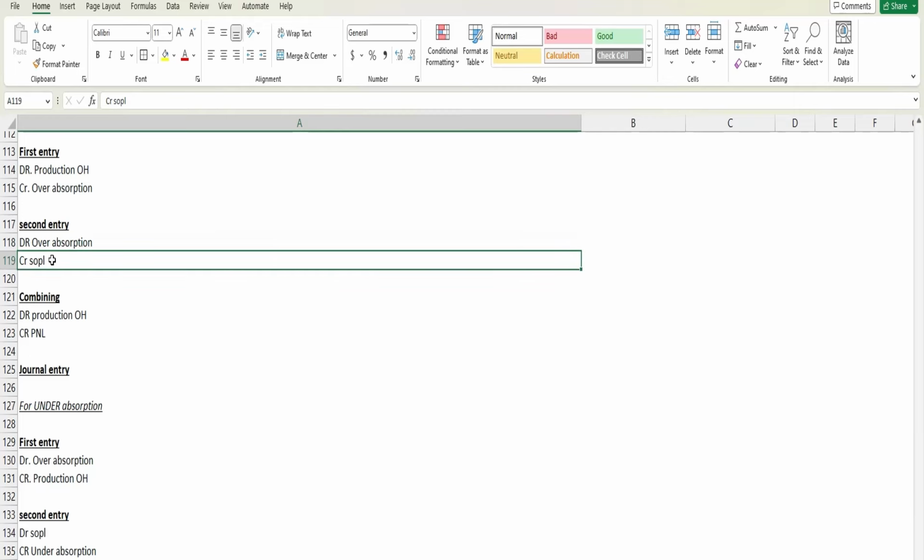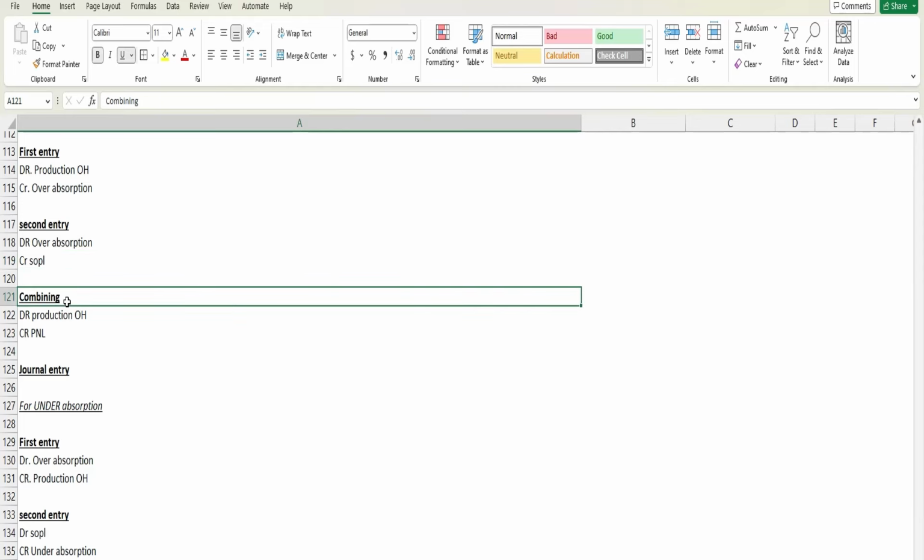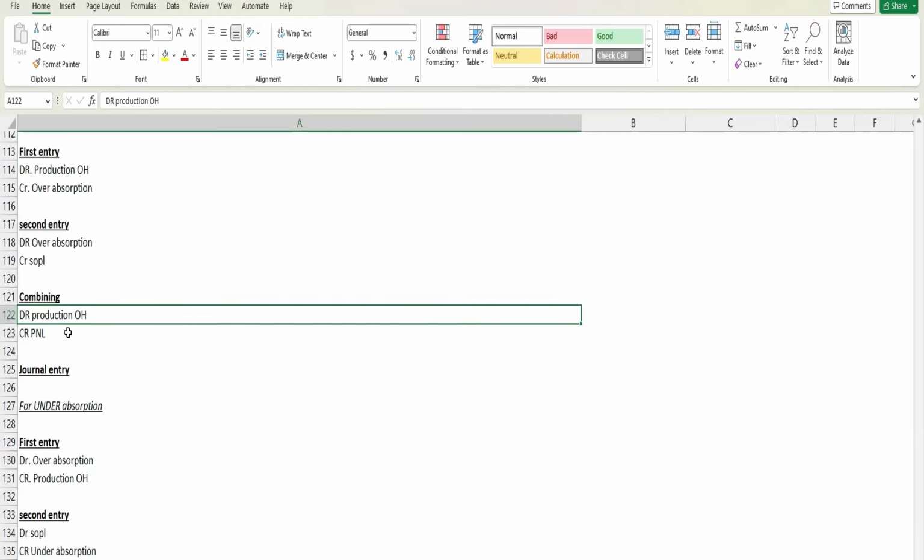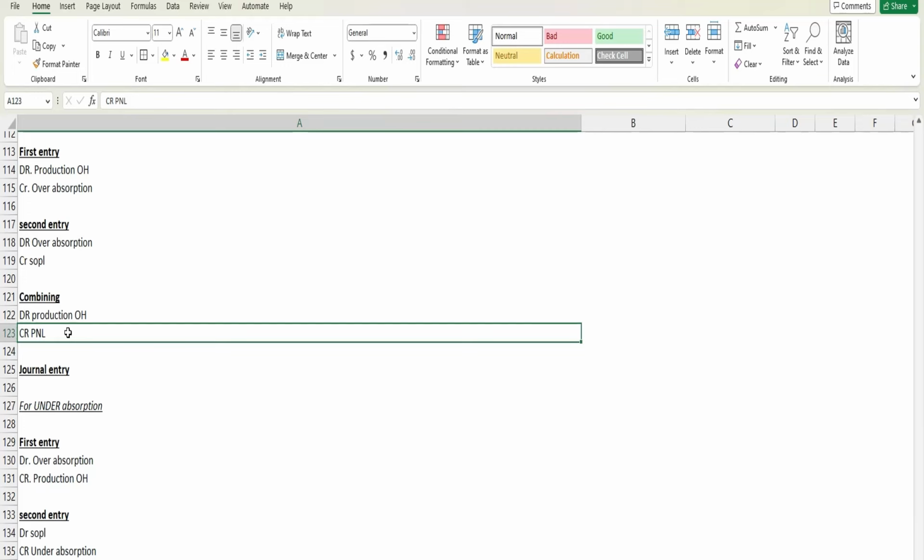The over-applied overhead needs to be removed from the profit and loss, which ultimately increases the profit because the excess cost is being reversed. Now, combining the entries, you will get a debit to production overhead, which lowers the overhead cost in production, and on the credit side, we will put the P&L account. This will basically correct the profit by directly crediting the expense to the P&L.